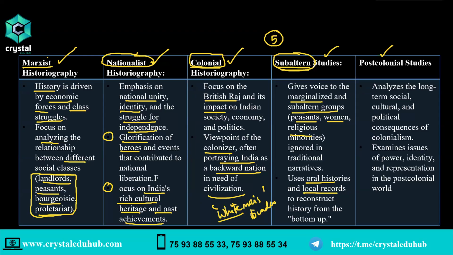And for subaltern studies, the historians use oral history and local records, definitely, because their history won't be in the mainstream documents, right? So they have a bottom-up approach. You can say nationalist historiography had a top-down approach. This is bottom-up, from the local, from the ground level, development of historiography.